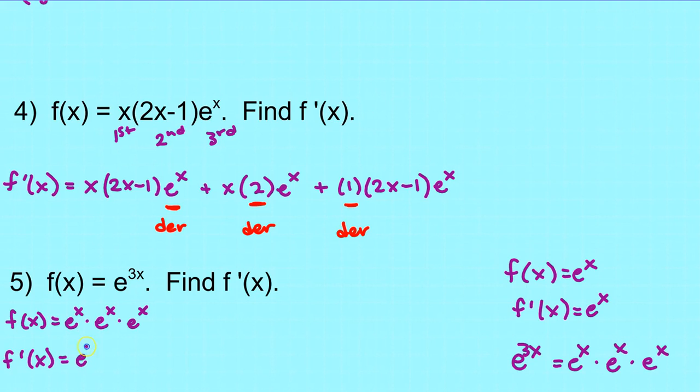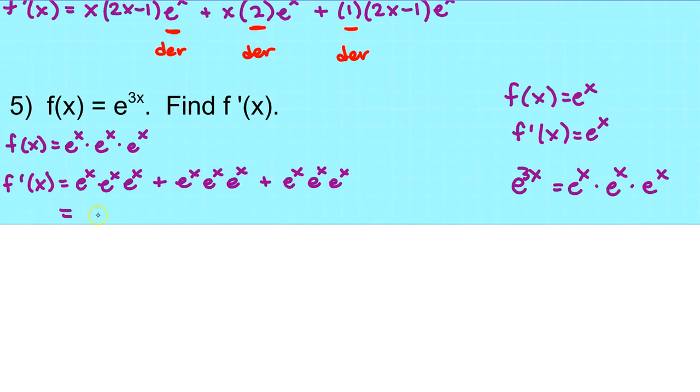So we have the first times the second times the derivative of the third, plus the first times the derivative of the second times the third, plus the derivative of the first times the second times the third. Wow. Together we have 3 of these things. And remember, e to the x times e to the x times e to the x is e to the 3x. So the derivative of e to the 3x is 3e to the 3x.